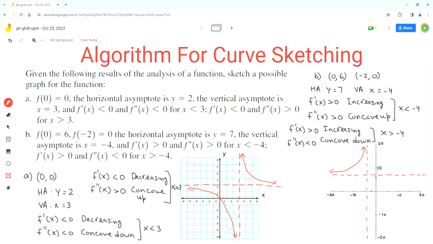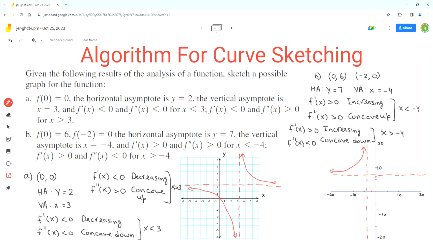Now to the right side of x equals -4, the function is increasing but concave down. So that means as we go from left to right, the function value should increase, but it should be concave down. Now on the right side of x equals -4, we have the two given points. So that means the curve lies in the bottom right quadrant made by the asymptotes.